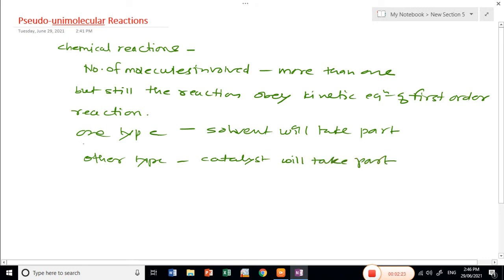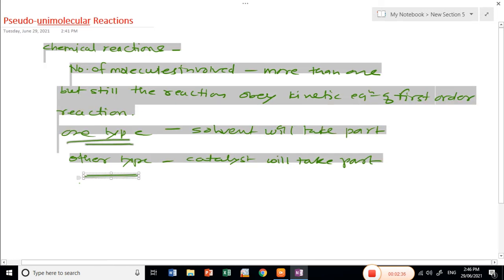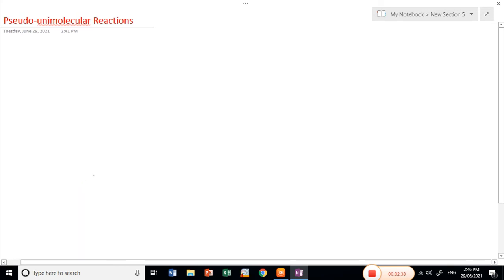Okay, so these are the two types of pseudo-unimolecular reactions. So further we will see the examples of pseudo-unimolecular reactions.